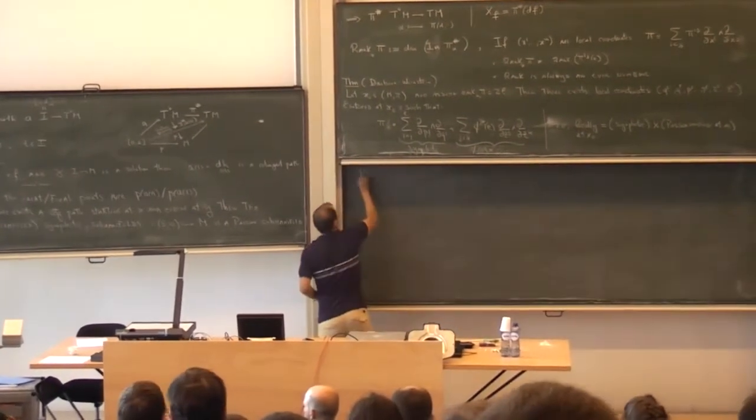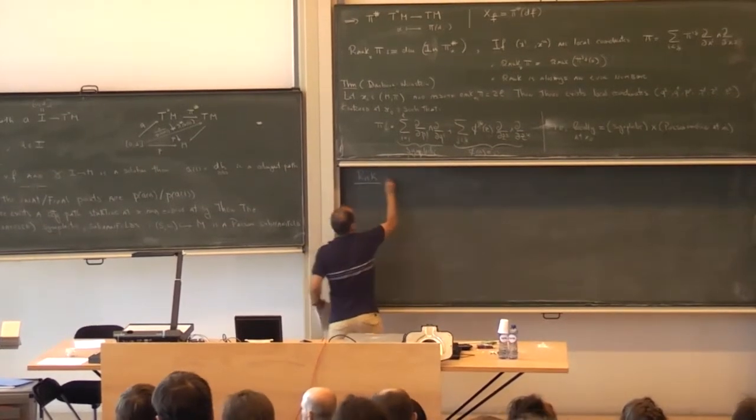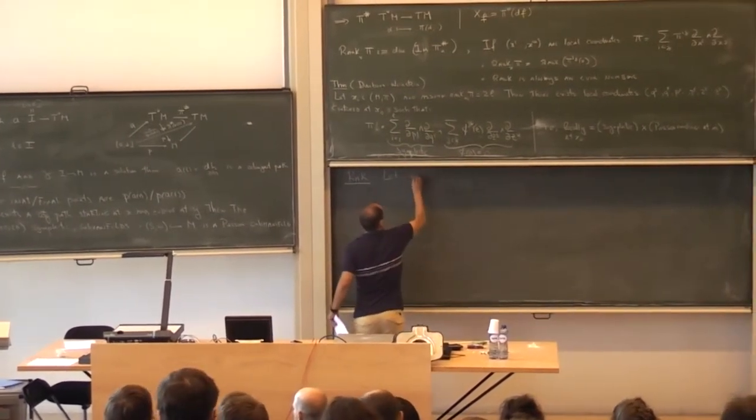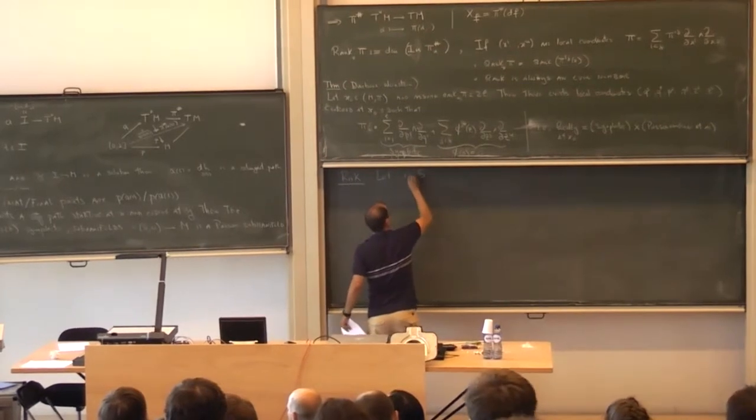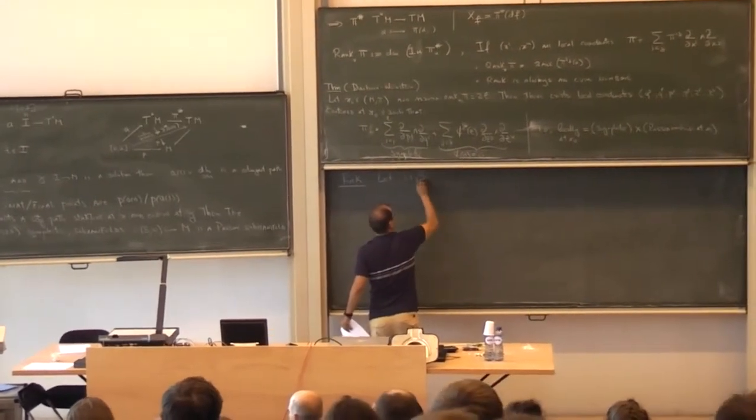So remarks. Let's fix such a leaf. We're going to call these submanifolds symplectic leaves.